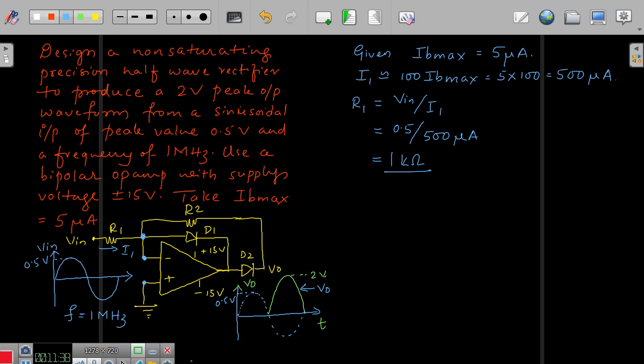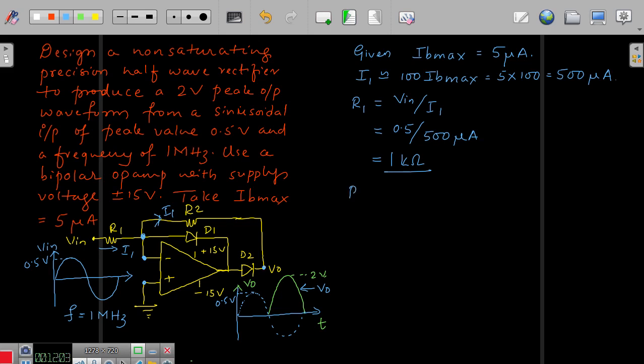So now this R2 you can find in two different ways, right? One is the gain is known to you, V0 by Vin, which is equal to 4. So obviously R2 will be 4 times R1. Otherwise also you can find out the value of R2 because most of the current will flow through this path as I1. So you know what is the value of V0.